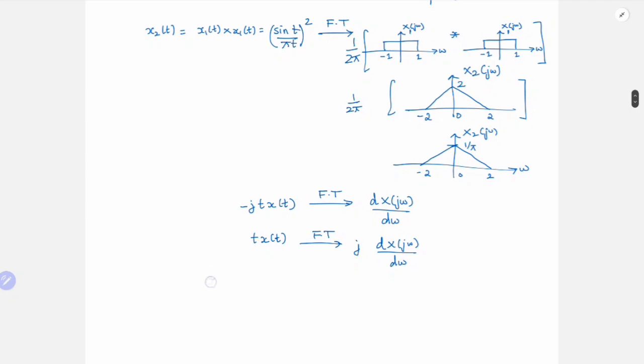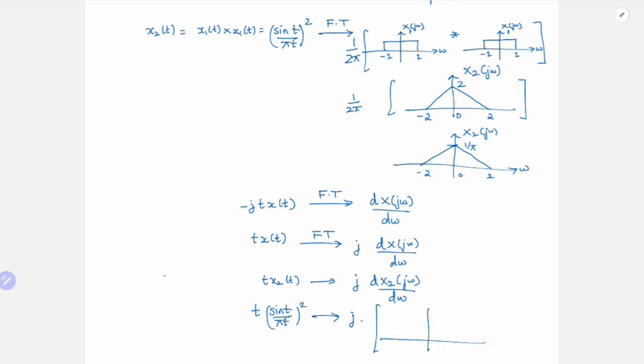So t into x2 of t is nothing but j into dX2 of j omega by d omega. Differentiation of this multiplied by j. So this x2 of t is nothing but (sin t by pi t) whole square. And we have this side j into differentiation of this.